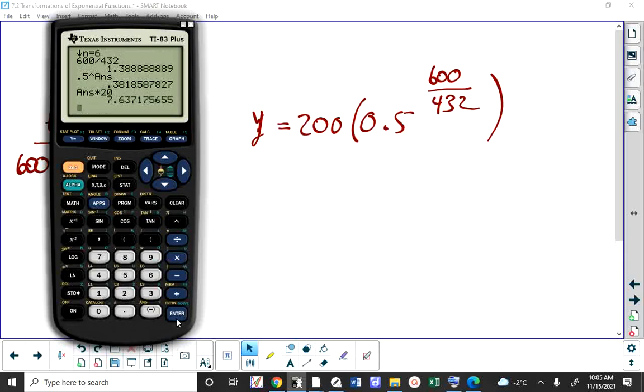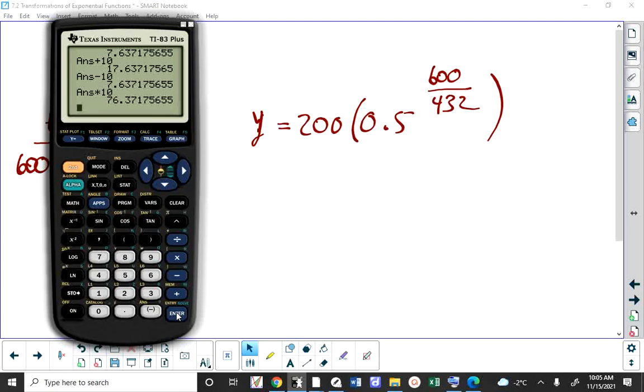I don't think that can be right. I only multiplied by 20 instead of 200. When you use 200, you get 76.37. Okay. So it's just a matter of putting that number in.